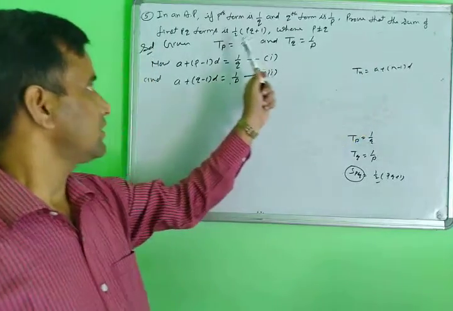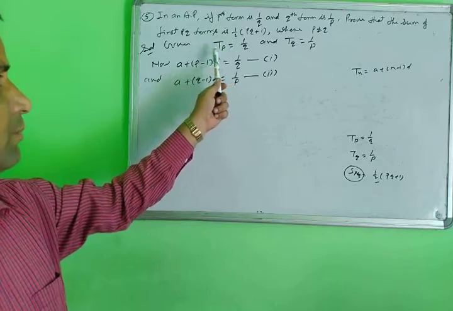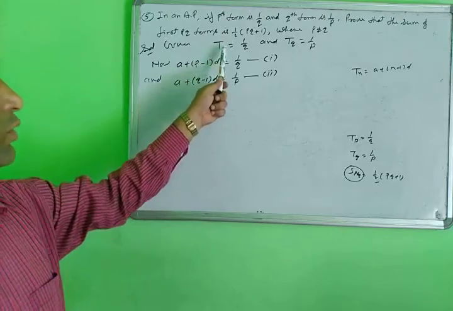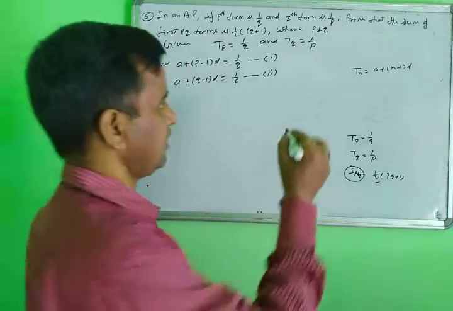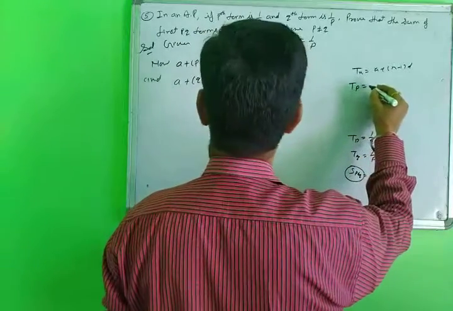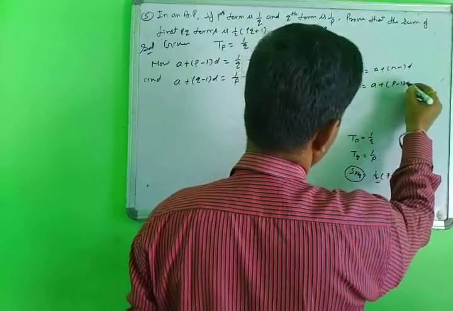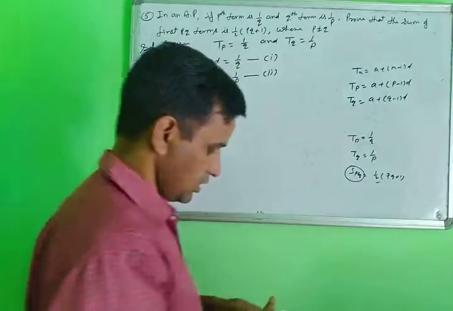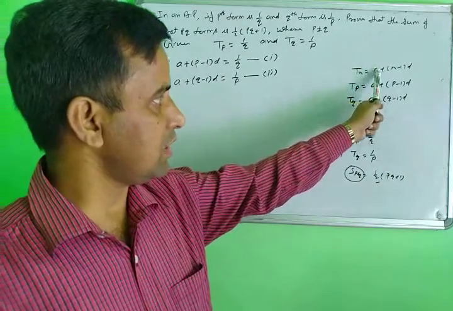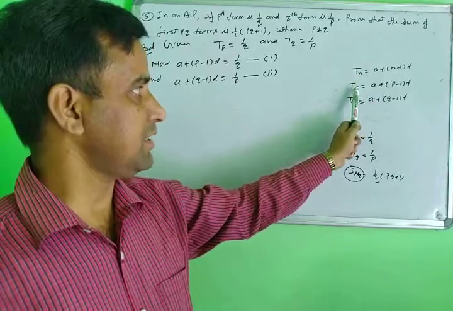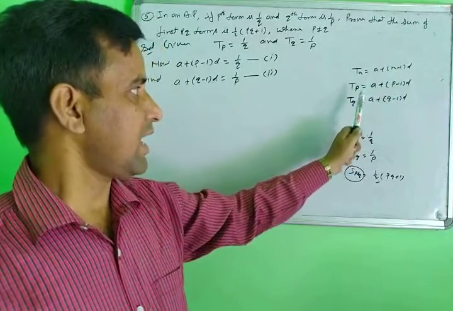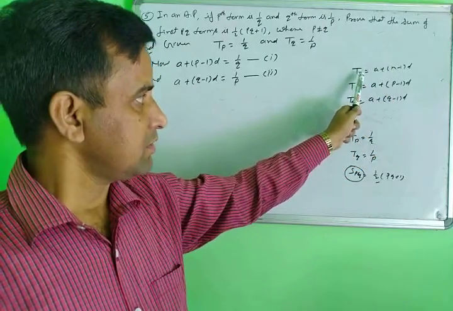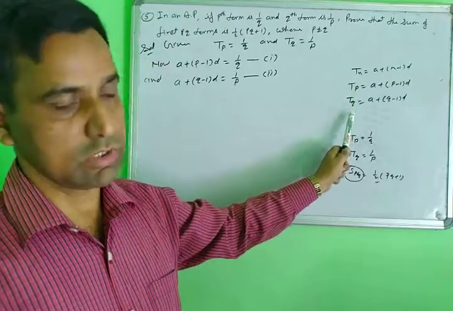Using this identity, the pth term is a plus p minus 1 d, and the value of Tq is a plus q minus 1 d. In Tn equal to a plus n minus 1 d, where n is replaced by p we get Tp, and where n is replaced by q we get Tq.